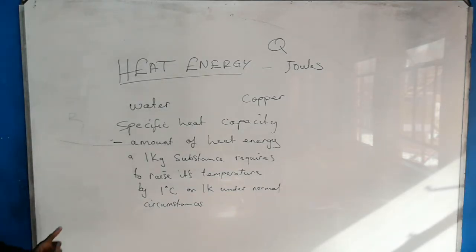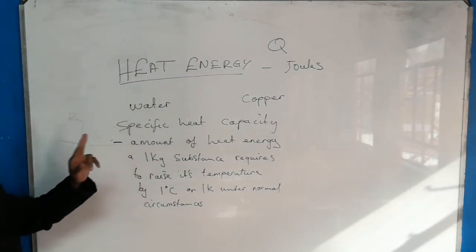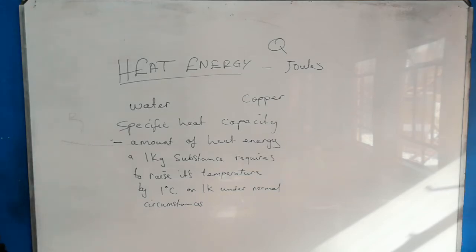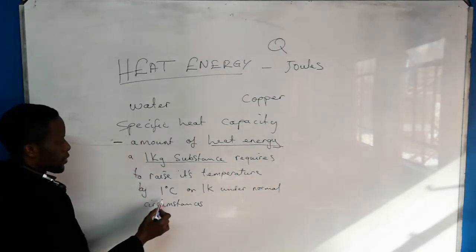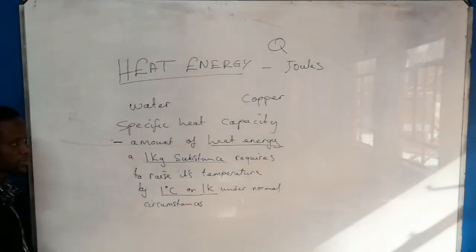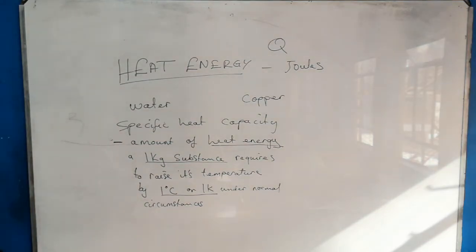Each substance has its own specific heat capacity. It is the amount of heat energy that a 1 kg substance requires to raise its temperature by 1 degree Celsius or by 1 Kelvin.